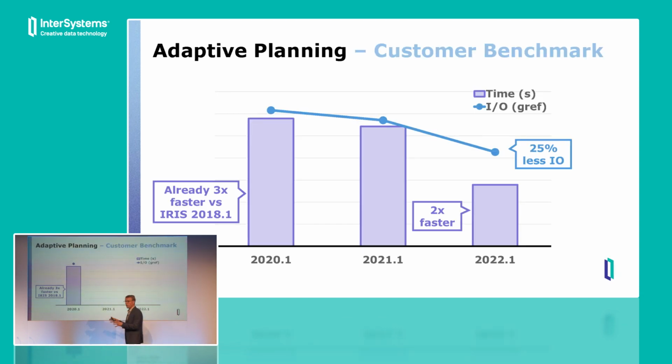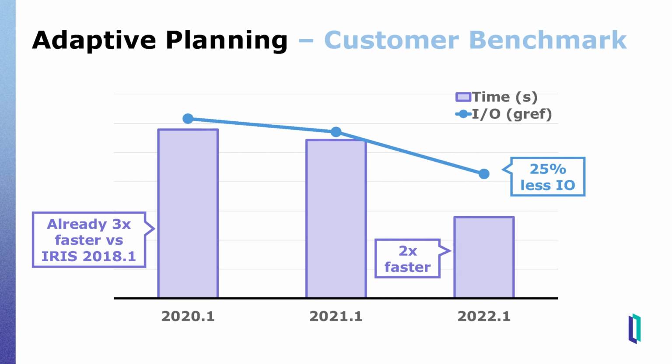So this is a zoomed-in part of the chart that Jeff showed you yesterday. We started with 2020.1, which was already a lot faster than IRIS 2018.1, which is already faster than Caché 2018. And then in 21.1, we had some small improvements in code generation, and also at the lower ObjectScript runtime level.